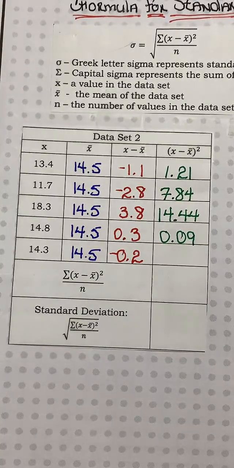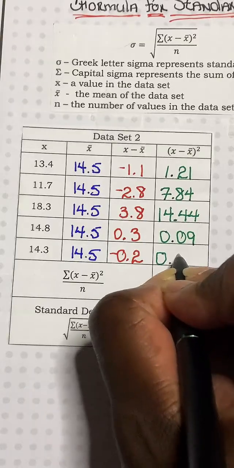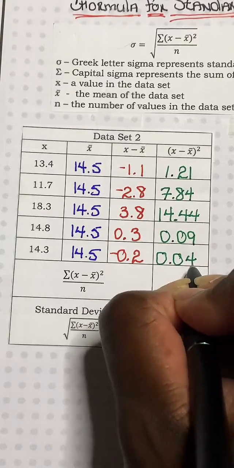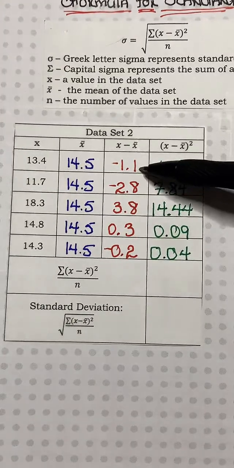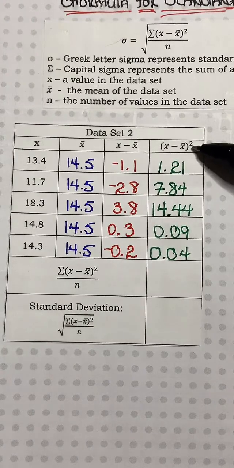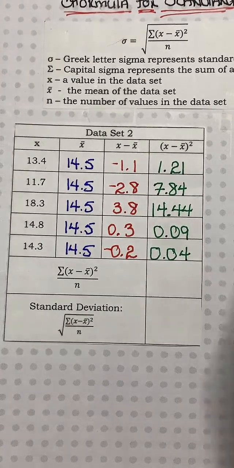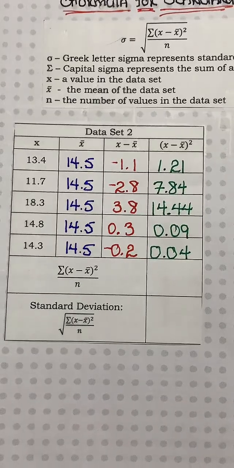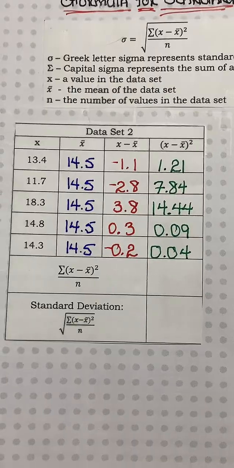And last but not least, our 0.2 squared gives us 0.04. All we're doing is taking all these red numbers and squaring them. So that's where these numbers came about. We found the difference, we squared them.